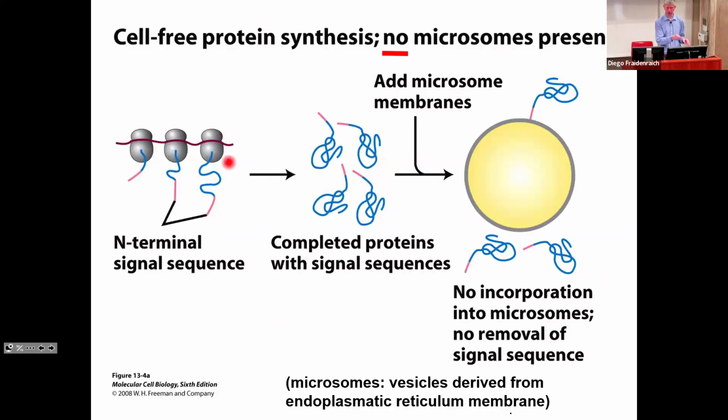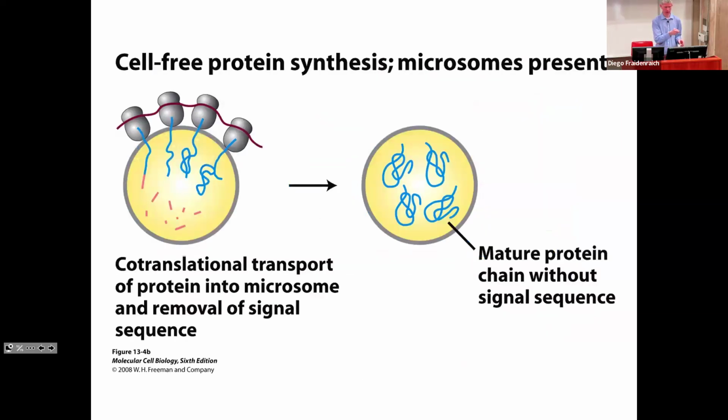Synthesis of the protein, complete synthesis, you remove the ribosomes, then you have the microsomes present. That will not help you to get it imported. You need both ribosomes and the membranes of the endoplasmic reticulum in the same environment, so that it's a translational, translocational process.